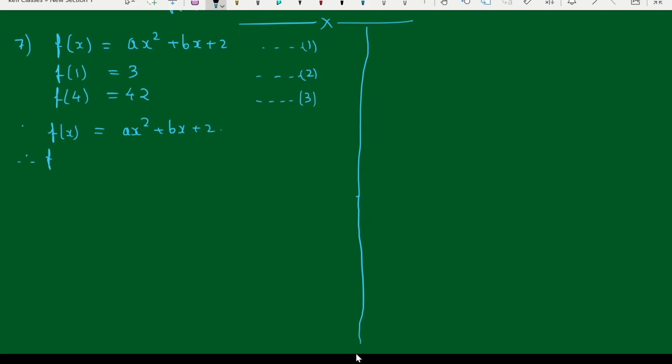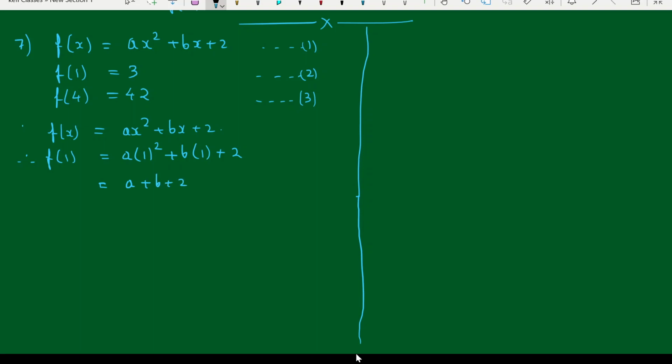Therefore f of 1 is equal to a into 1 square plus b into 1 plus 2, which is equal to a plus b plus 2.